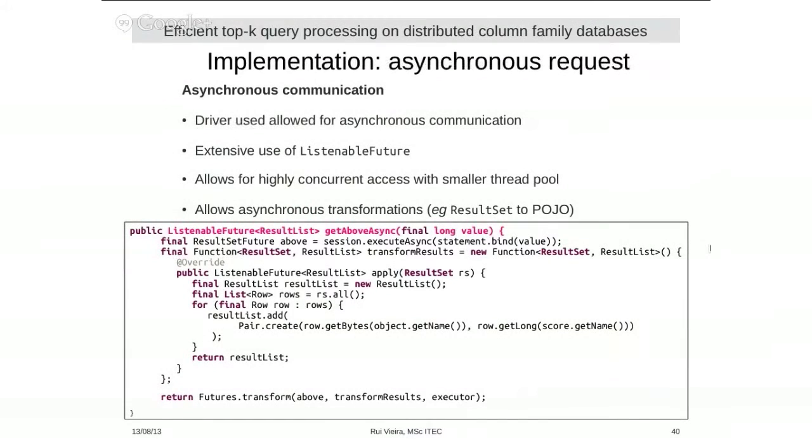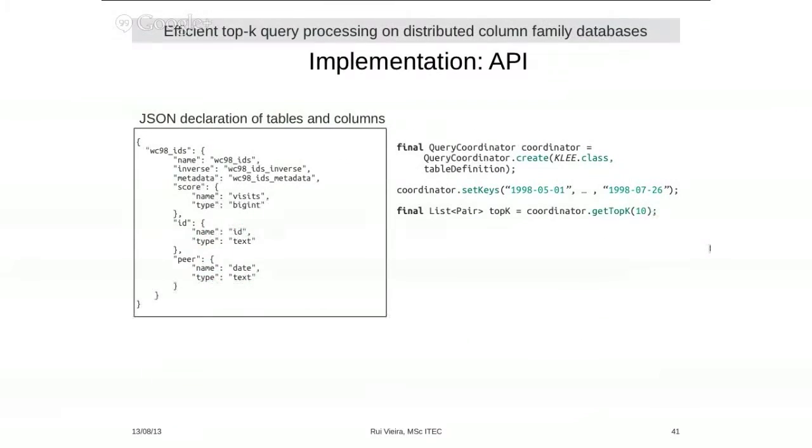Once we fetch the data from Cassandra, we can do a lazy transformation of a future result set into a POJO, and this will be returned to the query coordinator as a future POJO, so we don't have to deal directly with result sets in our query coordinators or algorithms.